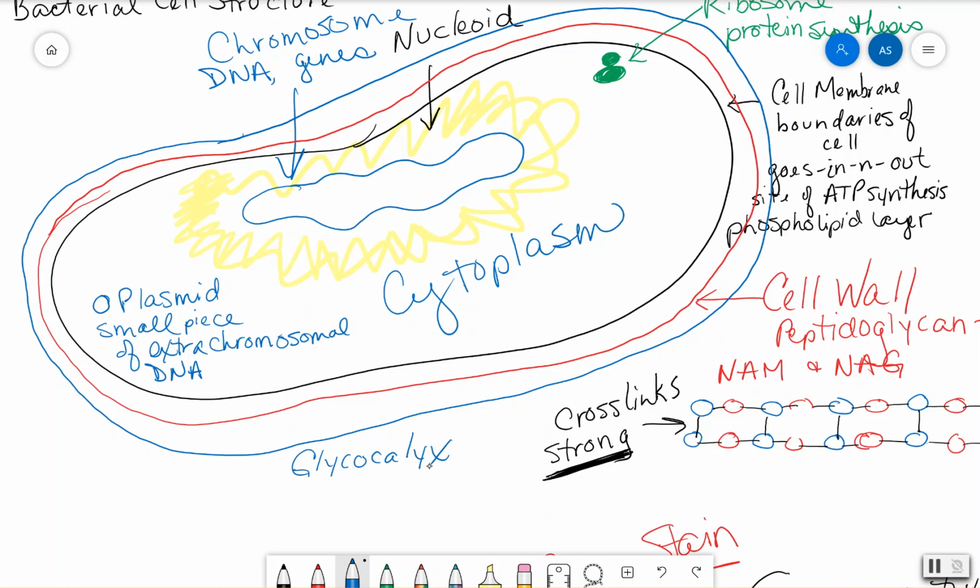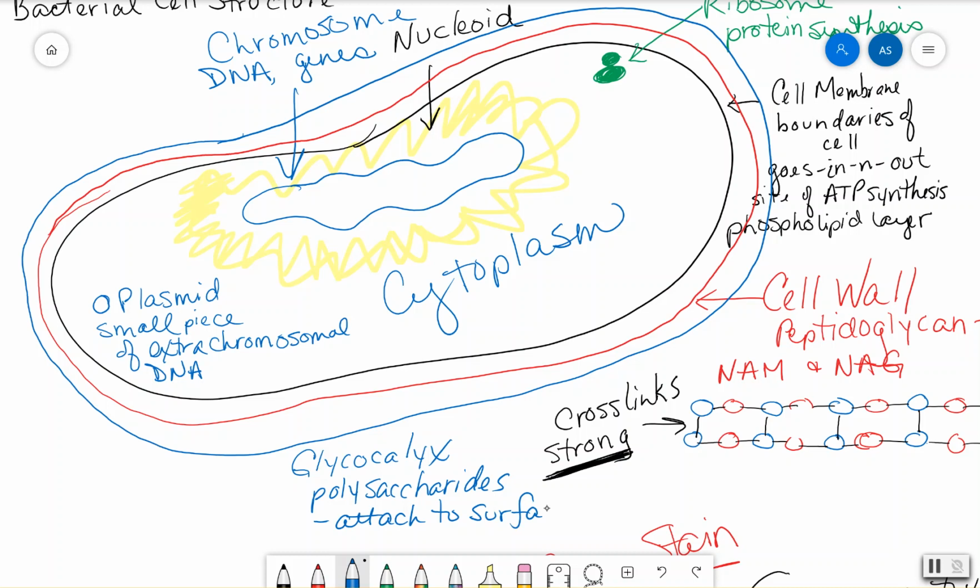And the glycocalyx is made of polysaccharides, and it's very sticky, and it also prevents the cell from drying out. So its functions are for attachment to surfaces.